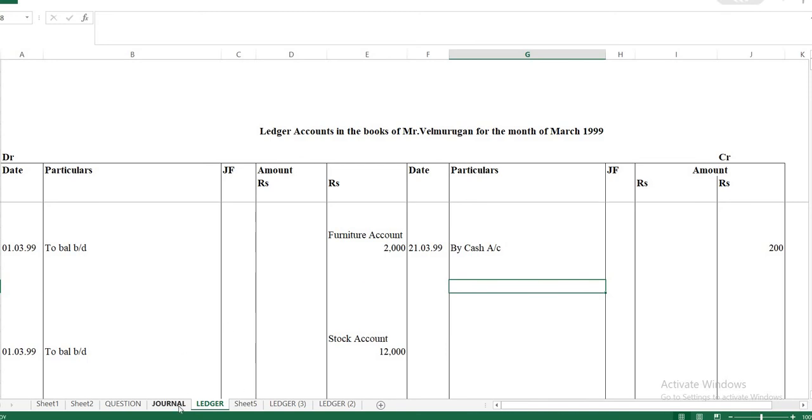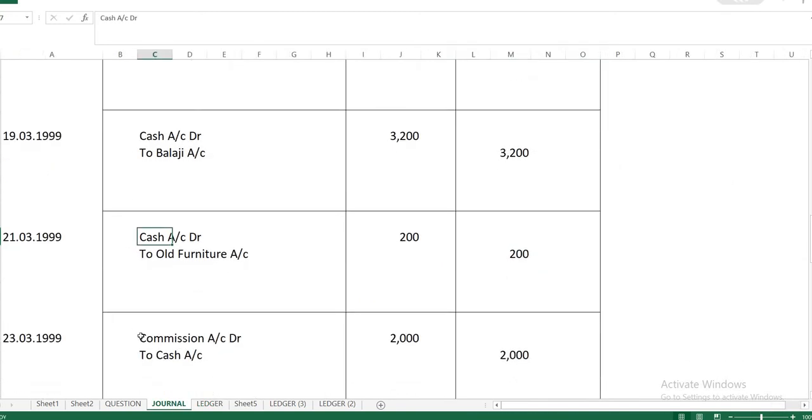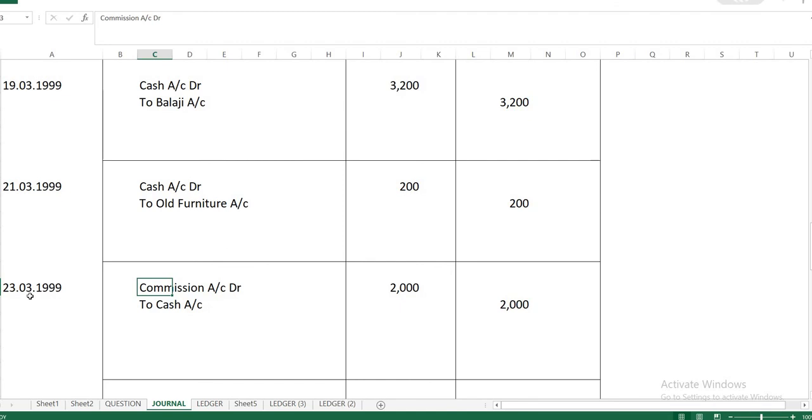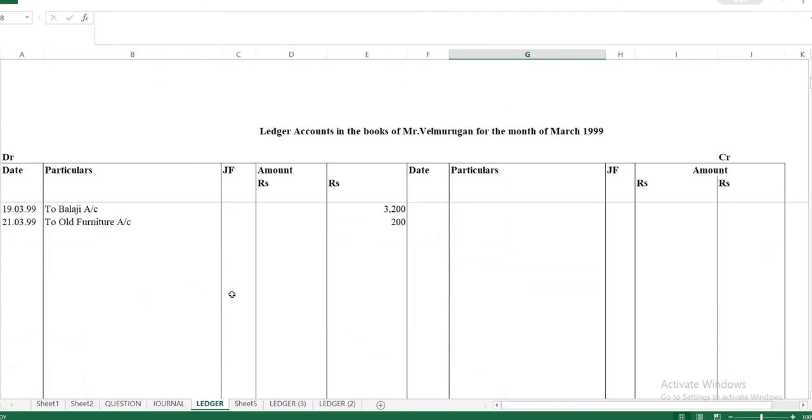Okay. And moving to the next one, commission to cash on 23rd March. Commission account we already created and kept. In commission account, to cash account on the debit side you have to give, and in cash account, by commission account on the credit side you have to give. Okay. So 2000 rupees. First, let us give commission to cash. So where is that account, you just look it over. Commission account here.